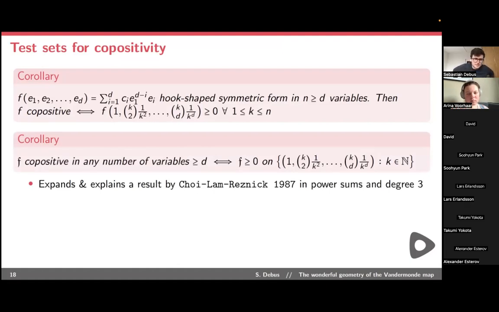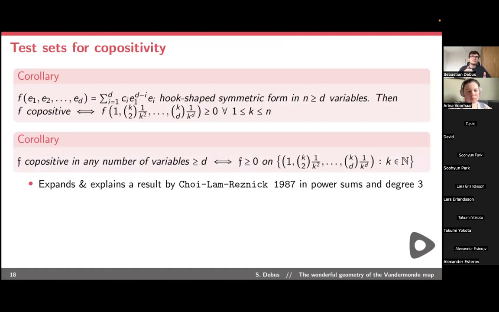And this theorem or corollary appeared in a paper in the 80s by Blekherman and Reznick in degree 3, but actually they formulated it for positivity, and this is because you can go from e_i to e_i evaluated in x_1 to the 2, x_2 to the 2, and so on.